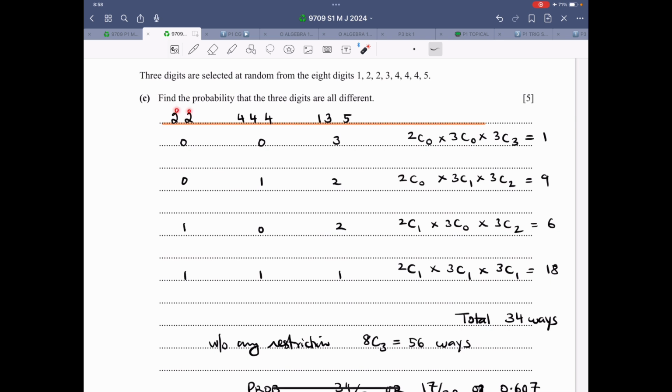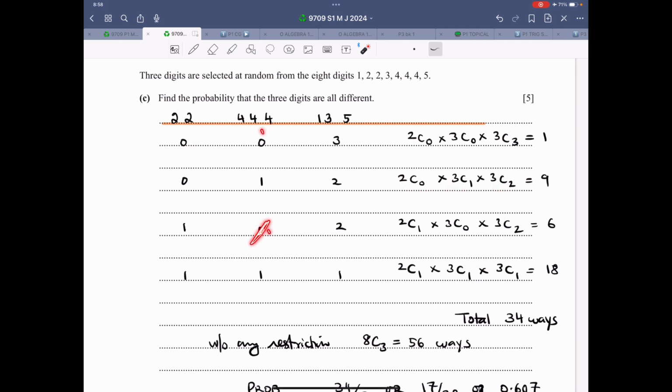So there are 2 2s over here. There are 3 4s over here. There is 1 3, 1 5. You separate it out. Find the probability all 3 digits are different. First scenario, don't choose, choose these 3. So 2C0, 3C0, 3C3, that comes out to be one way. Don't choose any of the 2s, choose one of these 4s and choose 2 out of these 3. 2C0, 3C1, 3C2.